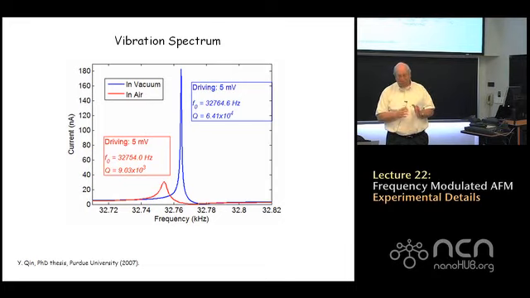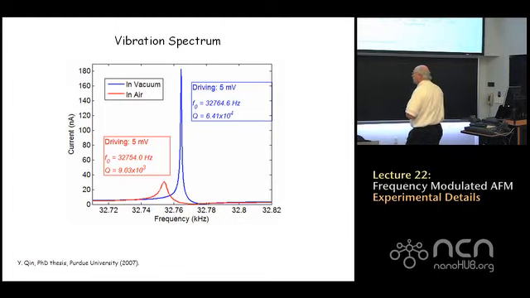The sharper the Q of the resonance, the easier it is to measure small changes in frequency. And of course, that's what we need to do for frequency modulated AFM.